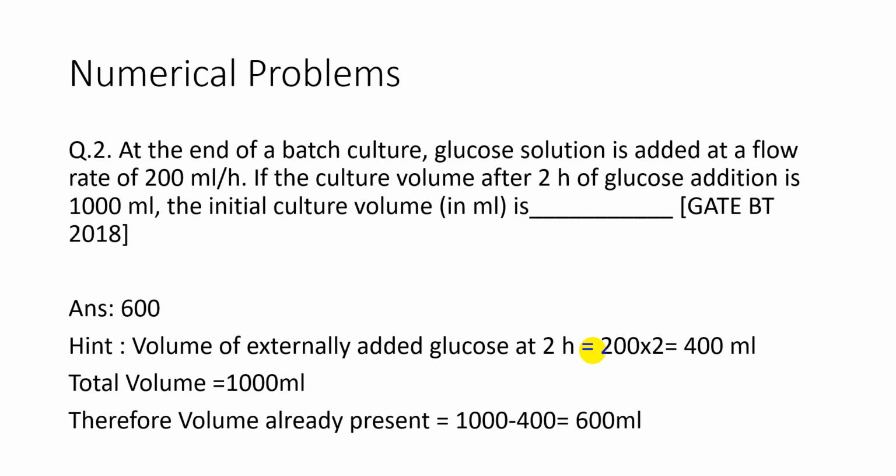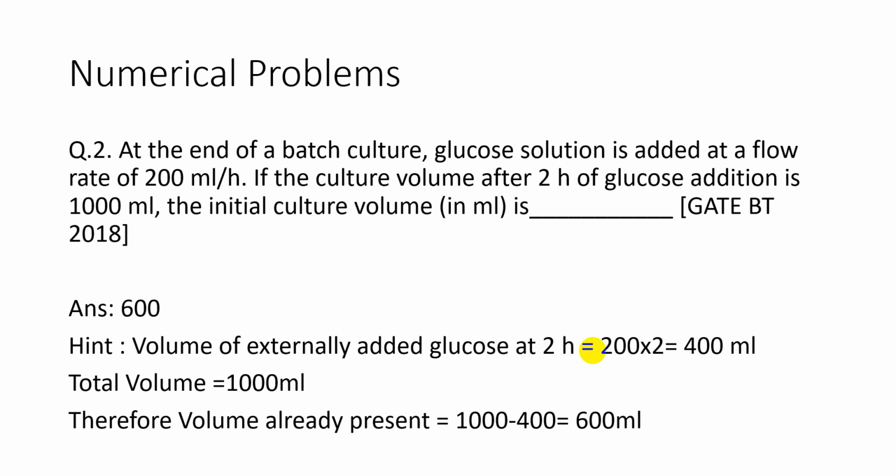Then the second numerical: at the end of a batch culture, glucose solution is added to the vessel at a rate of 200 ml per hour, and the culture volume after 2 hours of glucose addition is 1000 ml. The initial culture volume in milliliters is, and this question was asked in the GATE exam of biotechnology in 2018, and here the answer is 600 ml.